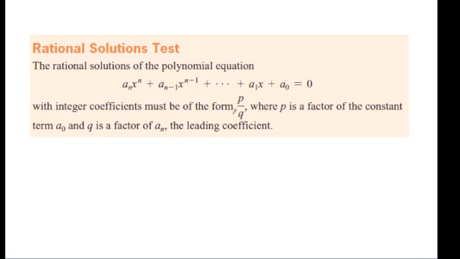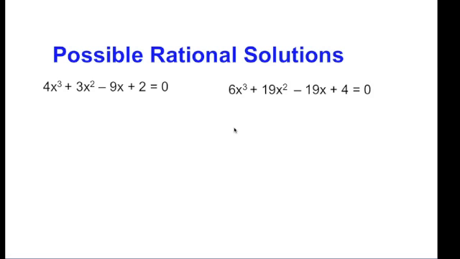The integer coefficients must be in this form, p over q, where p is a factor of the constant term, and q is a factor of the leading coefficient. Now, here's our definition.